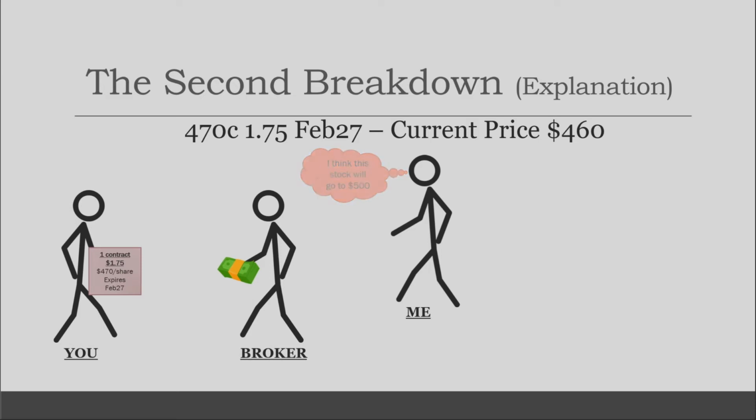So what I'll say is, "Hey you, I'll buy that contract from you for $2.50 premium, meaning $250. You paid $175. I'll pay you $250, giving you a $75 profit." At this point, you have two options or two choices to make.